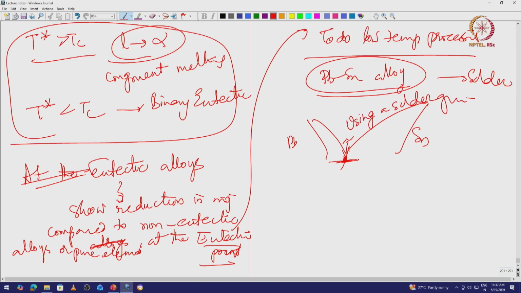Otherwise, if I have to melt lead or melt tin, these are actually high melting point metals. So, I would have to start heating them to 700-800 degrees Celsius on an interconnect. I want to make some connections on a PCB, a printed circuit board.